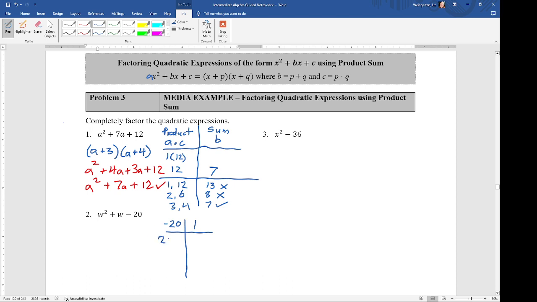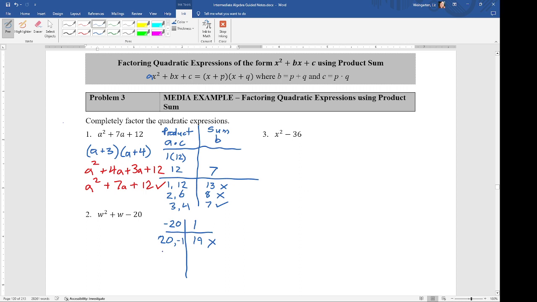Let's start with 20 and negative 1. 20 plus negative 1 is 19. Well, that is not equal to 1, so that is not a solution. We can see these two numbers are very far apart, giving us a number that is also large. This number is small. We want numbers that are going to be closer together.